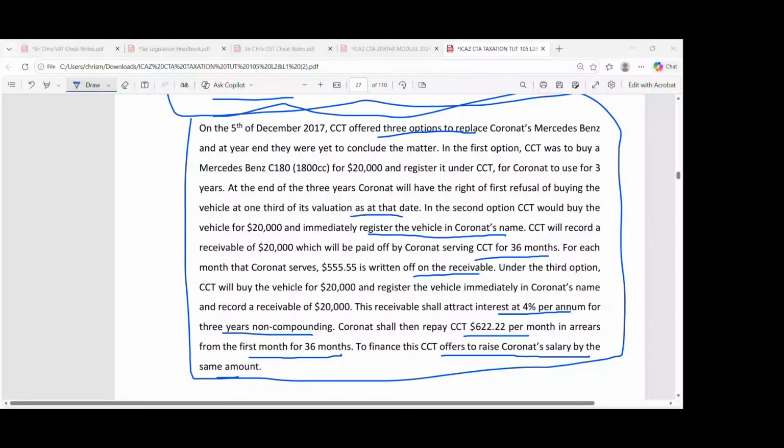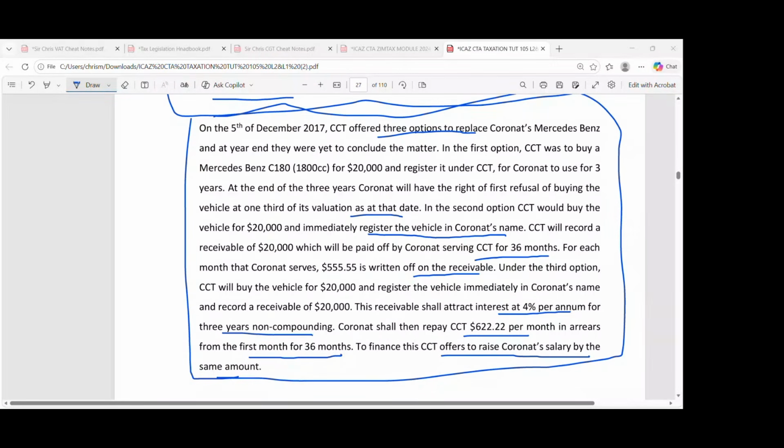Then I go to the other side, team, Colonat, who is going to use the vehicle. But before we proceed, you know there can be a scrapping allowance.